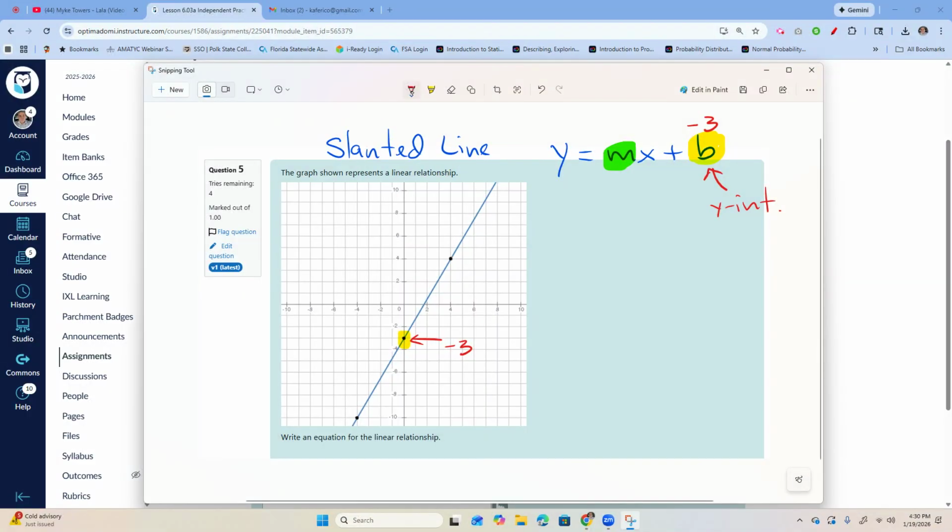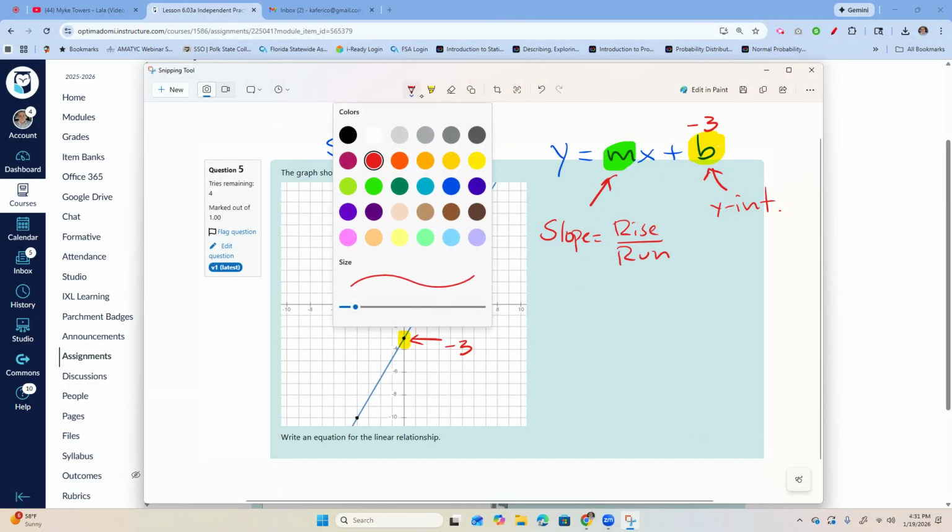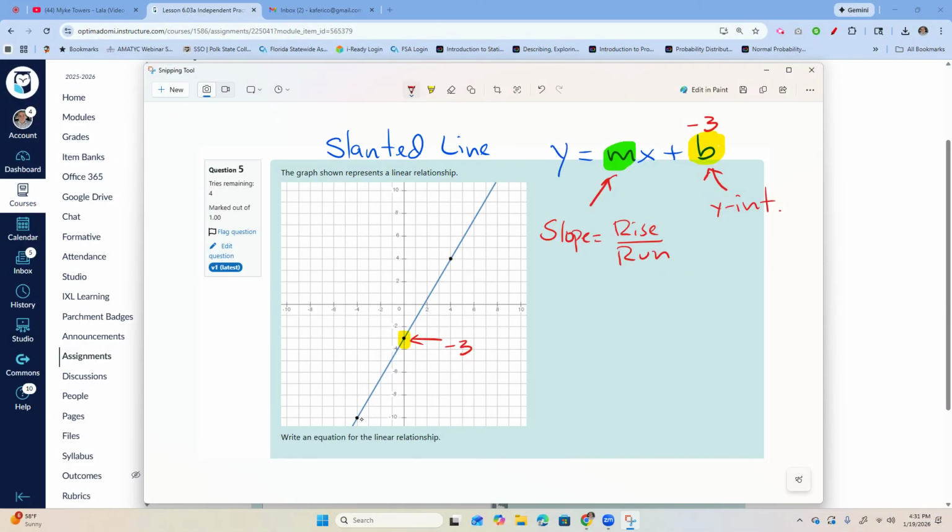Okay, now we're going to find the slope. The slope is rise over run. So I'm going to take the two leftmost points and I'm going to make an L. So starting here, I'm going to go to the right and then I go straight down and I'm going to count my rise. So I went 1, 2, 3, 4, 5, 6, 7. My rise is 7.